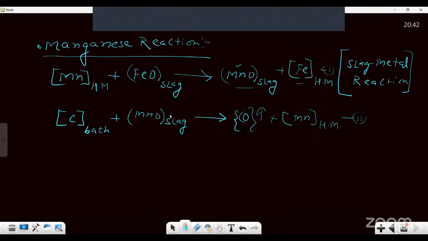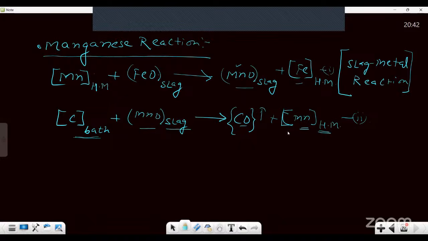Another thing which can happen is the MnO, the manganese oxide of the slag, will come in contact with the carbon in the bath, and that is going to produce CO, carbon monoxide, plus Mn, manganese. And this manganese is getting back into the hot metal.